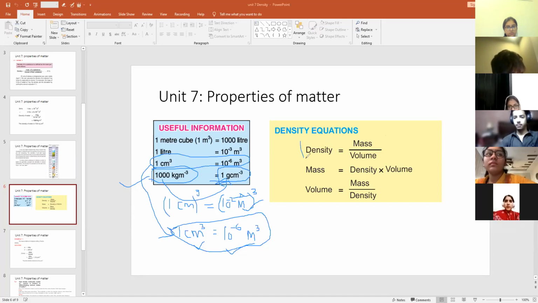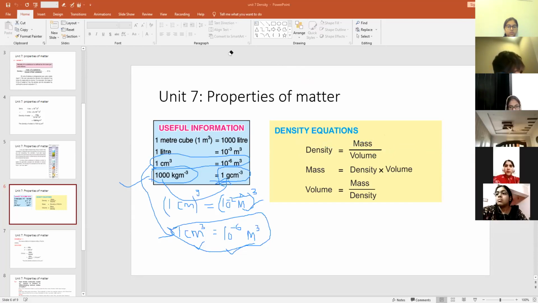The first one is density is equal to mass per unit volume. Whenever the mass and the volume of a substance are known, you can easily calculate the density of that substance. Similarly, in some problems or examples, if they ask you to calculate the value of mass, you just have to change that formula.